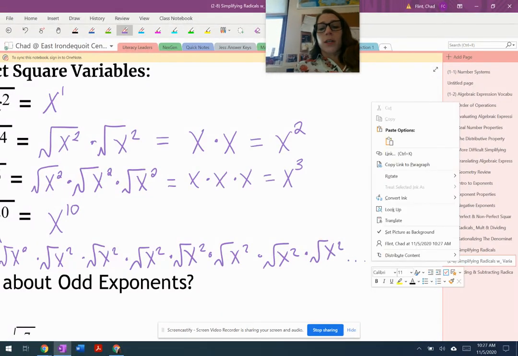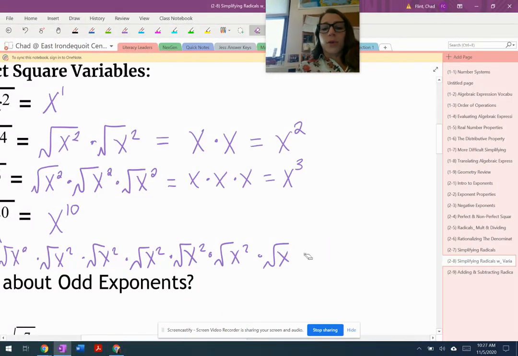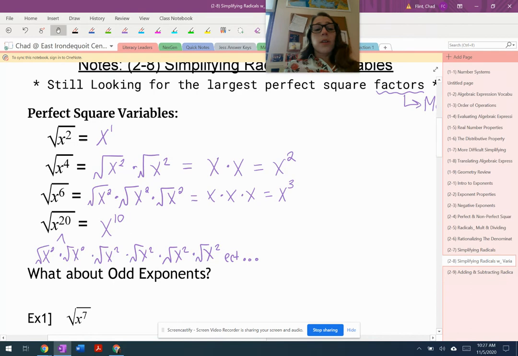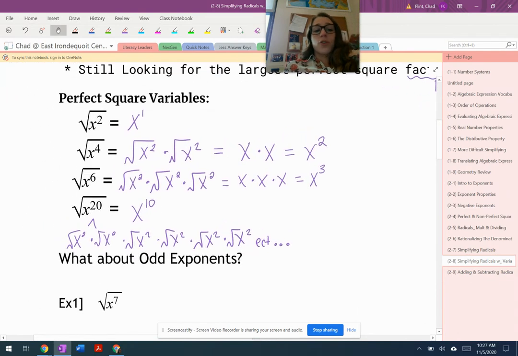You get the picture. We can put a dot dot dot, and if we keep that pattern going, we're just taking half of it.